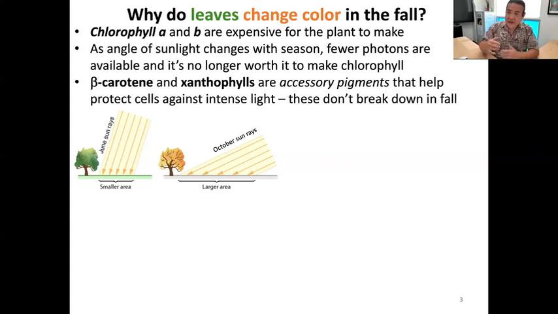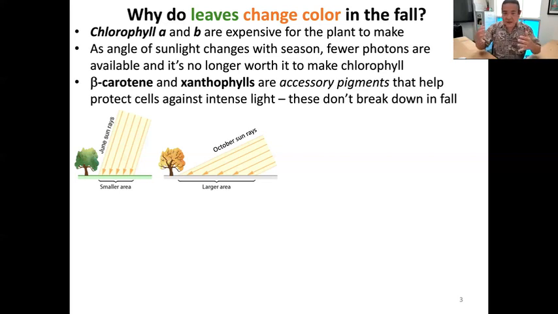So in this case, other types of pigment molecules become more important. Some of these other types of colored molecules that photosynthesize are molecules like beta carotene and a family of molecules that we call xanthophylls. Okay? These are accessory pigments that normally help protect cells against light so intense that it might actually damage the photosynthetic pathway.